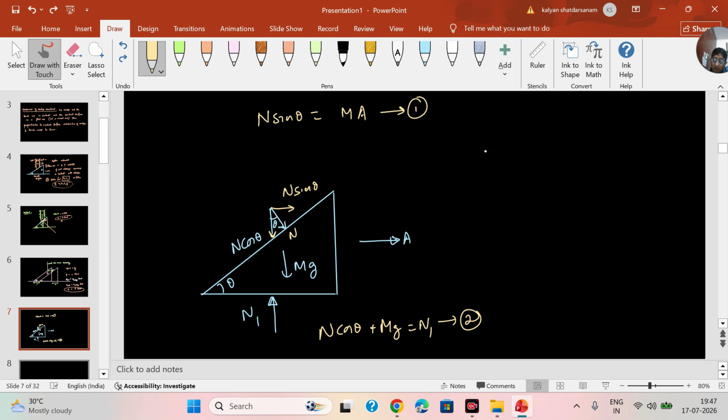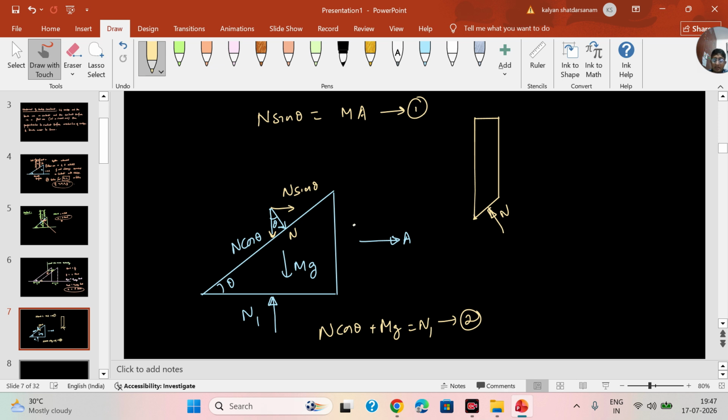Now, if I look at the rod, let me draw the rod properly. This is my rod, and there is this normal force.